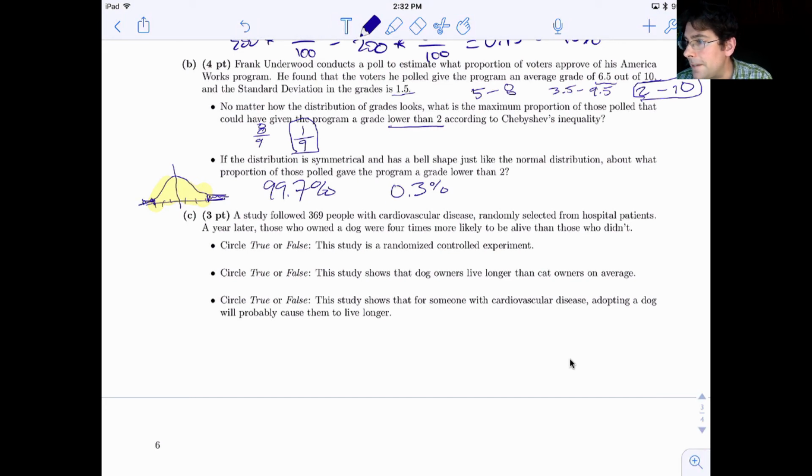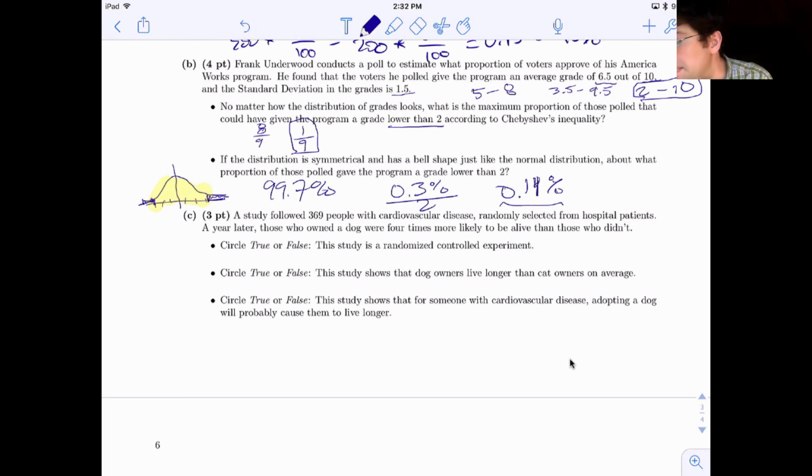So we have to divide that by 2, and we get something like 0.15%. Or if you actually look at the decimal expansion, which you can find in your study guide, perhaps a slightly better answer would be 0.14%. Yeah, same kind of thing. Okay, so this is a really small number.